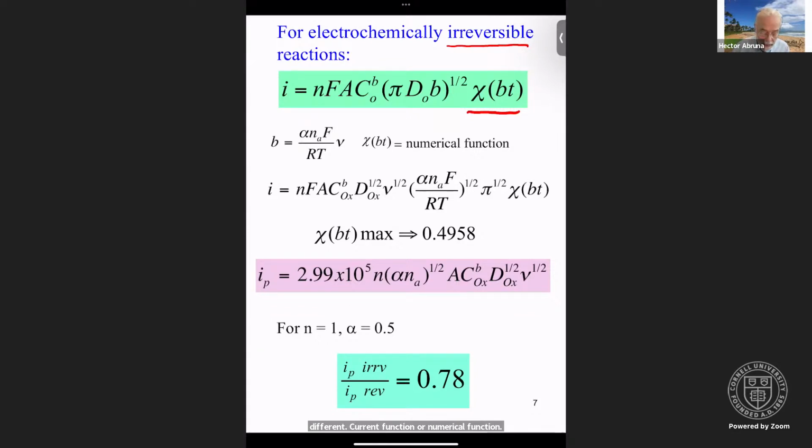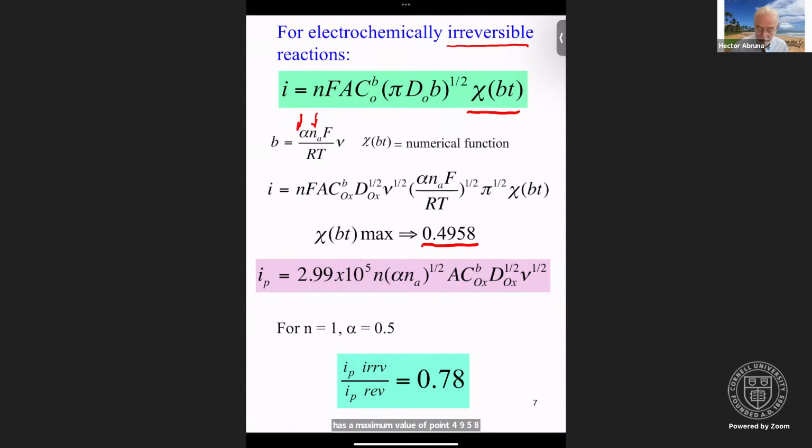And now b takes into account alpha and n sub a, basically the number of electrons transferred in the rate determining step, alpha being the transfer coefficient. If we do the analogous analysis, this function chi of bt has a maximum value of 0.4958.